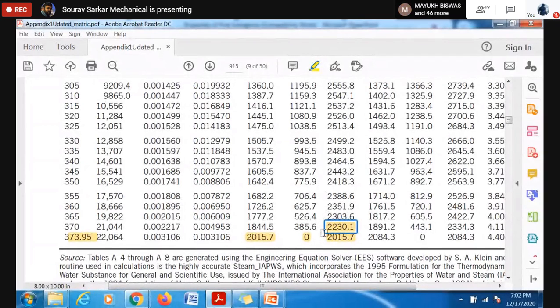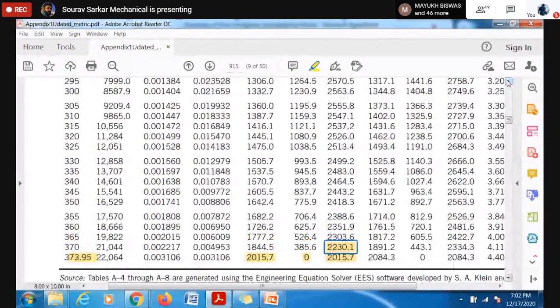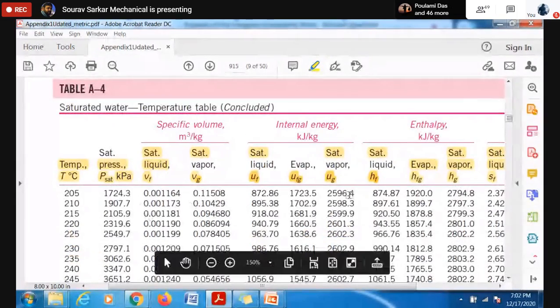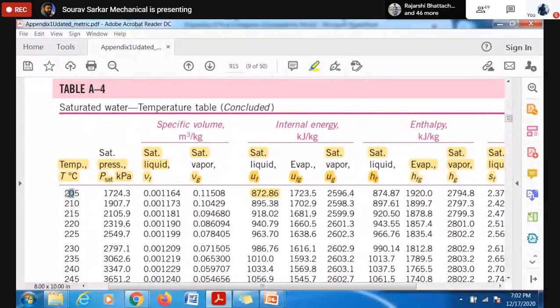Let me give you one example. Suppose you are at this temperature, 205 degrees Celsius. This is the gap. This much amount of energy you need to supply to convert into vapor.